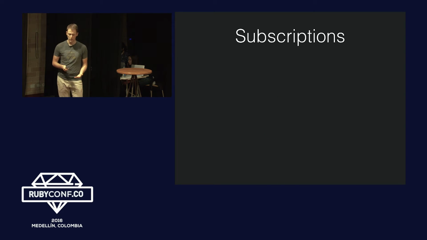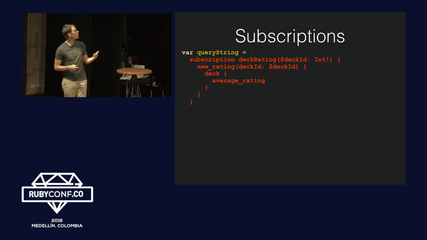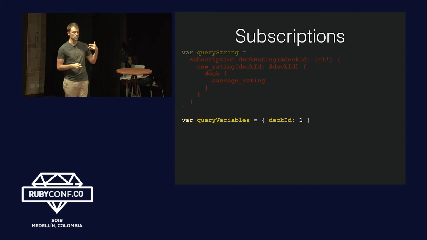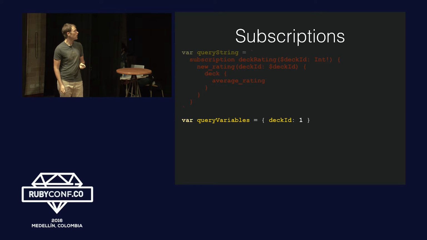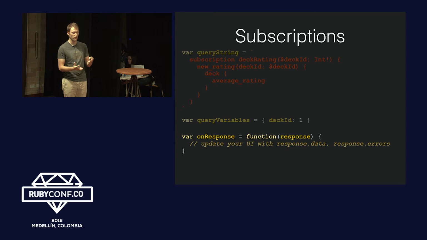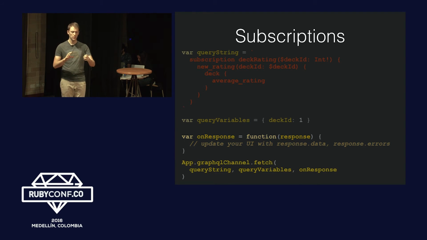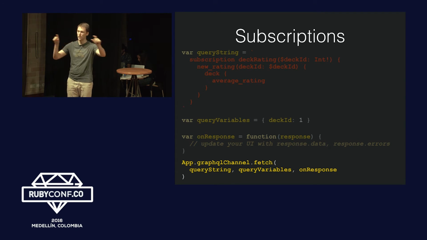So how would that look for a client? You could define your query string like this. You can define some parameters called query variables that we didn't talk about. And then you can define a function that says, whenever we get some new data for this subscription, here's how we should update the user interface. And then you use ActionCable to bridge the gap.